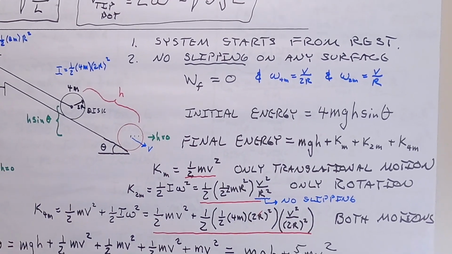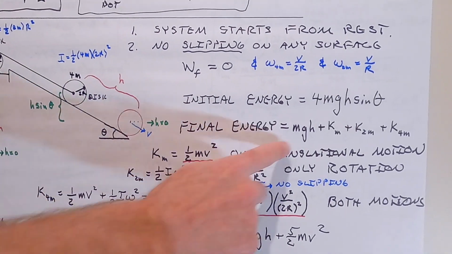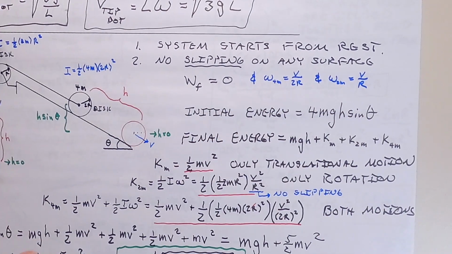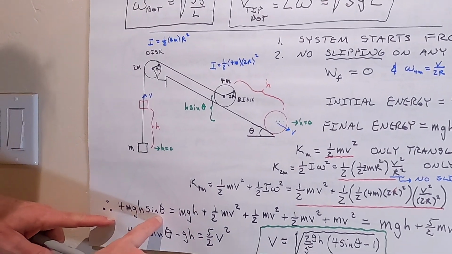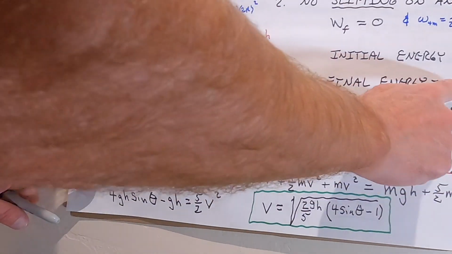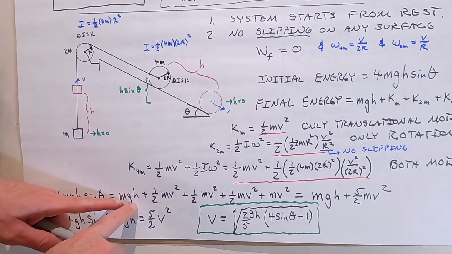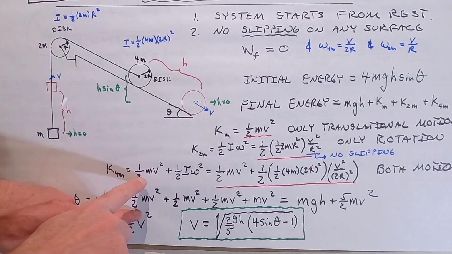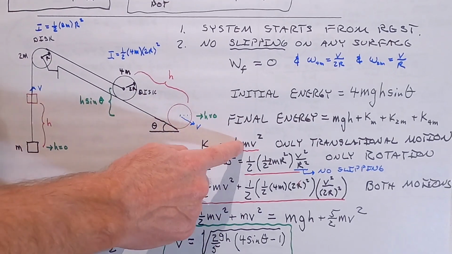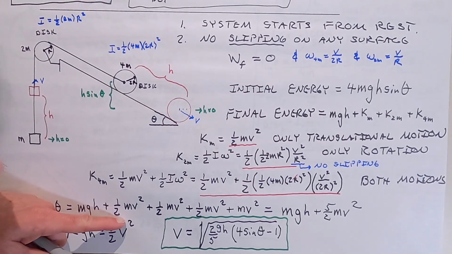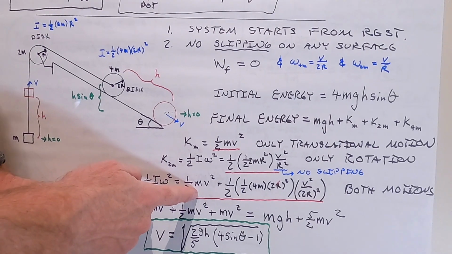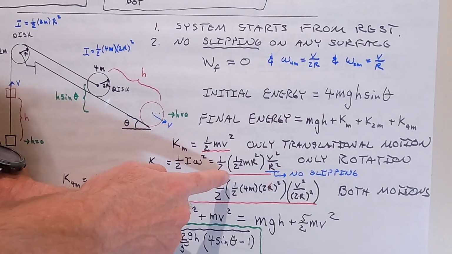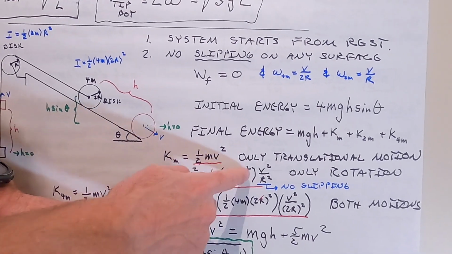So now I can go ahead and plug all my kinetics into here. And we have 4mgh sine theta equals mgh plus all of the kinetics. Well, if we add up all three of these, we got a 1/2 mv squared here, we've got another 1/2 mv squared here, and we have another one, where these two 2's drop out and the r's drop out.